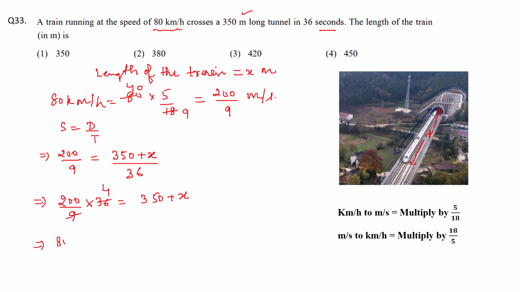So it will become 800 equal to 350 plus x. So from here I will get the value of x as 800 minus 350. Sorry, it is not 3500, it is 350. And when you subtract it, you will get the answer as 450 meter. So option 4 is the correct answer.